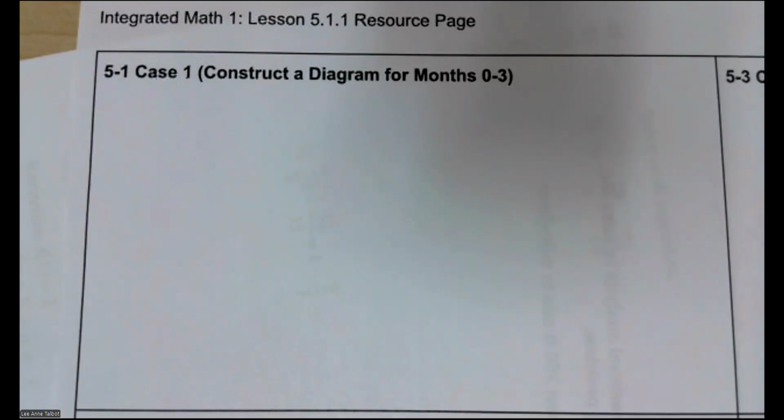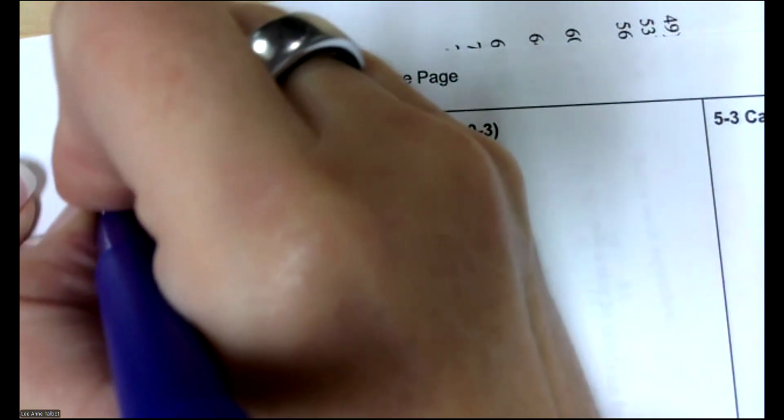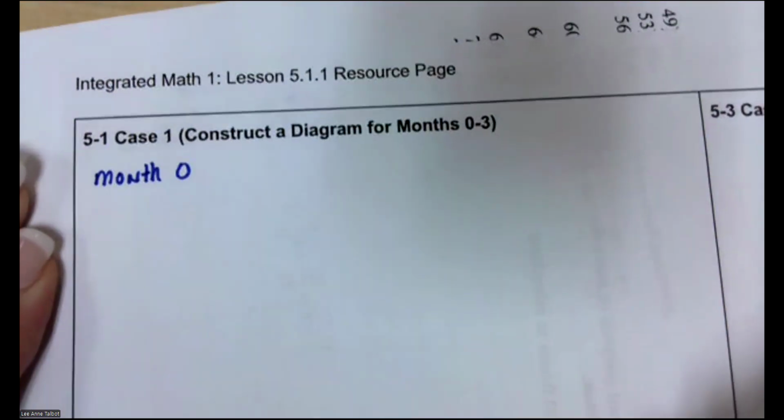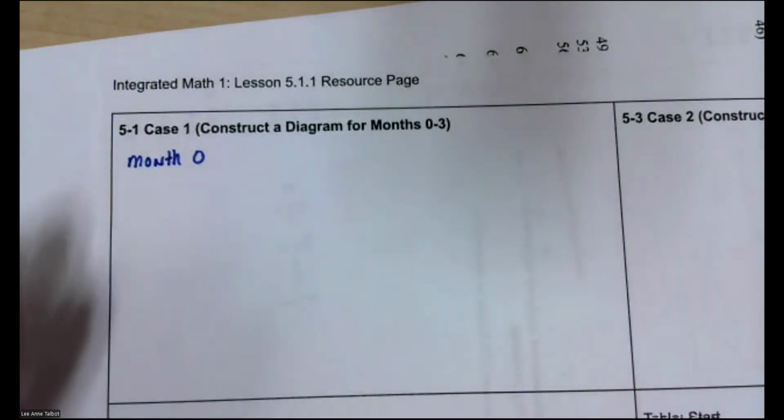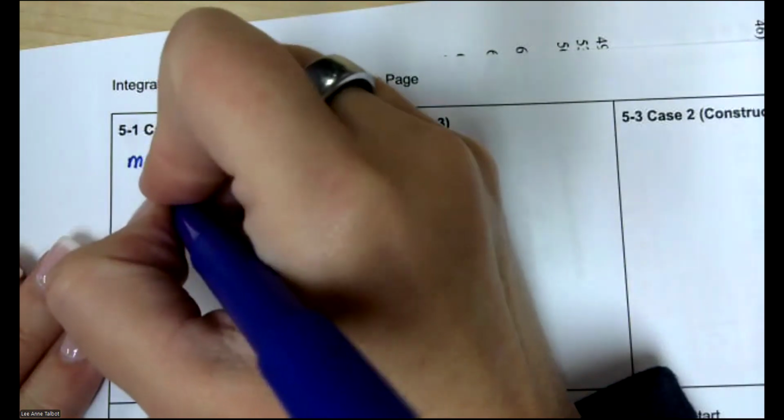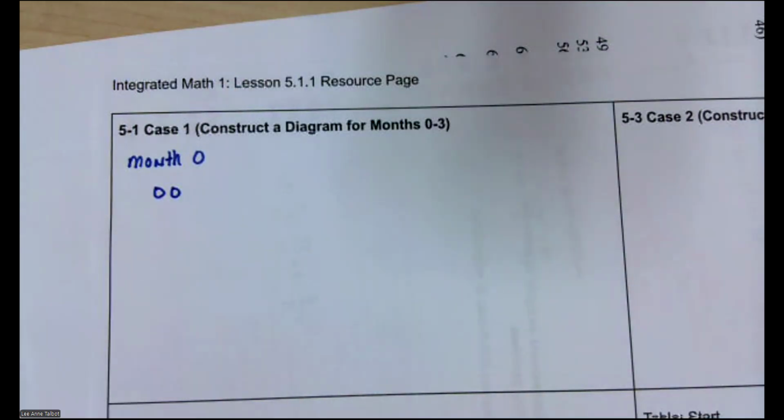And I'm going to draw my rabbits as little circles because I don't have time to draw all the rabbits. So I'm going to start by saying month 0. Month 0. And this is basically the start. So they buy their two rabbits, and I'm just going to indicate those are the two rabbits.